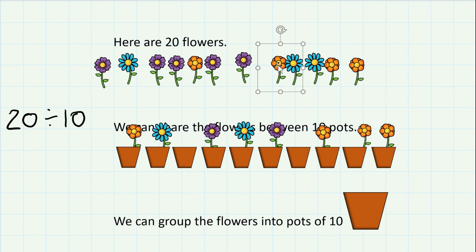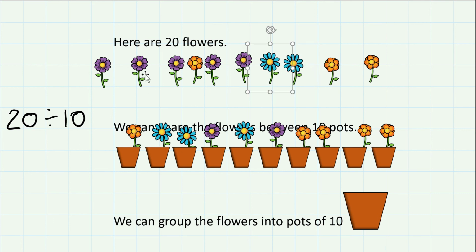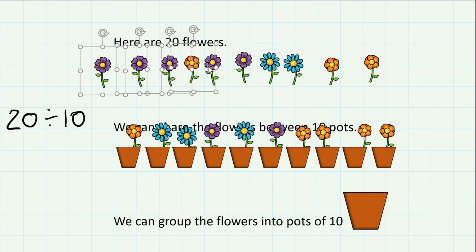I want to make sure that each flower pot has at least got one. Oh, I've done that now. Okay. Now I'm going to look at how many flowers I've got remaining. So I think I can try and see if I can fit 2 in each. Let me try and fit 2.